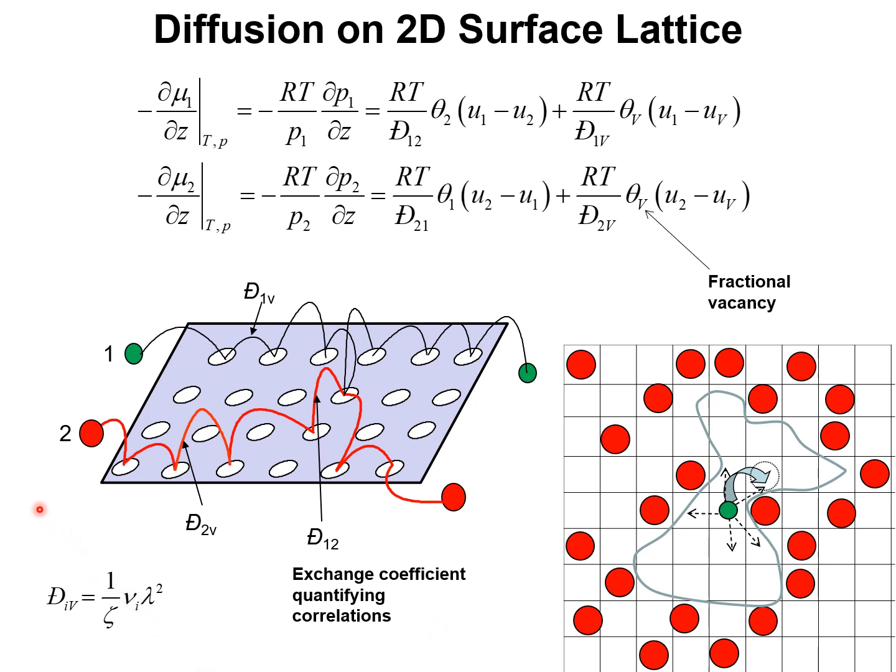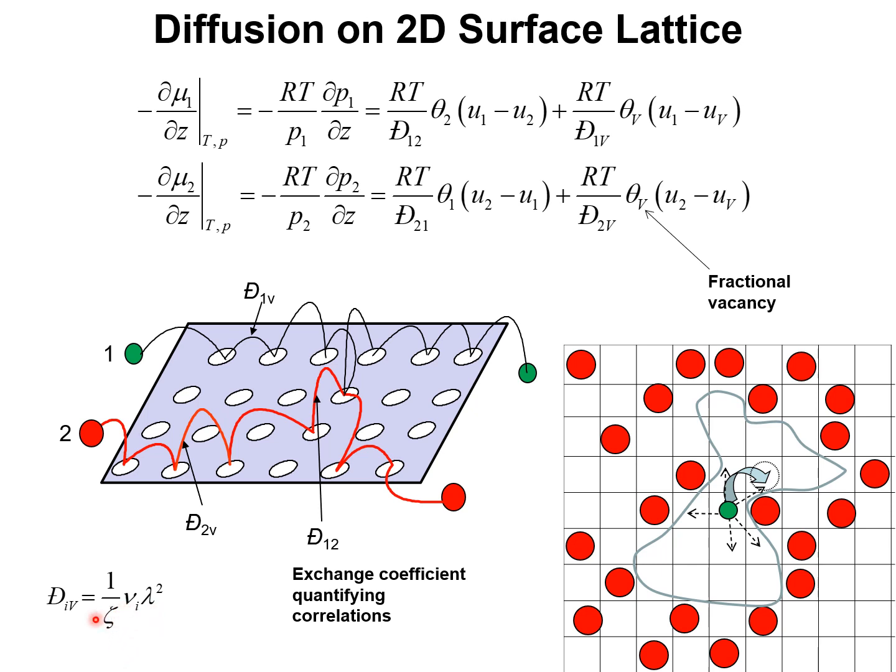The diffusivity of the two components are described by a simple lattice model as being proportional to the jump frequency nu times the square of the jump distance lambda.